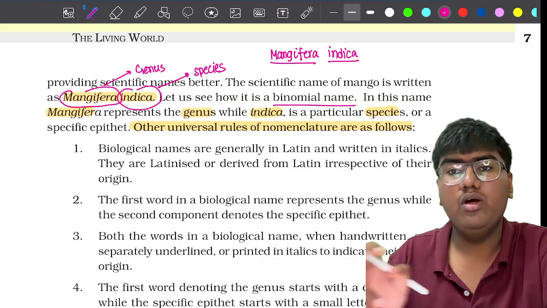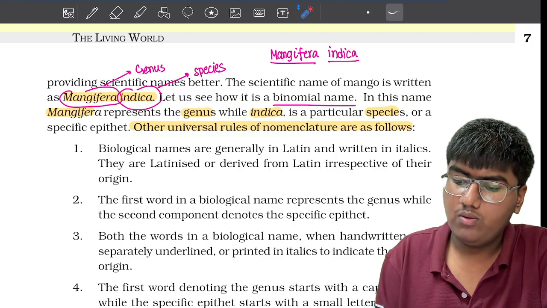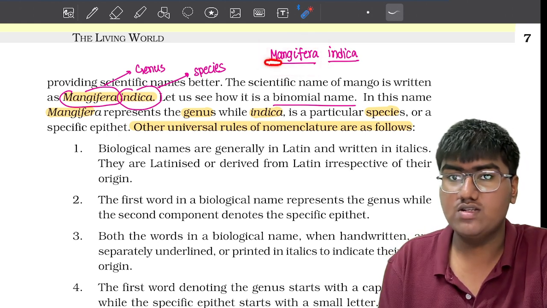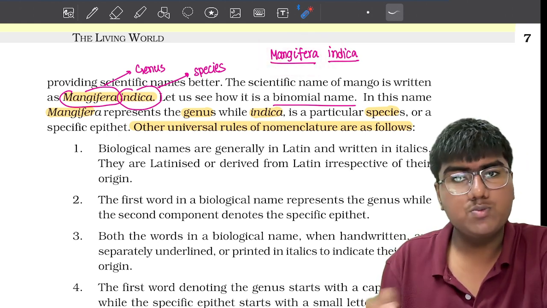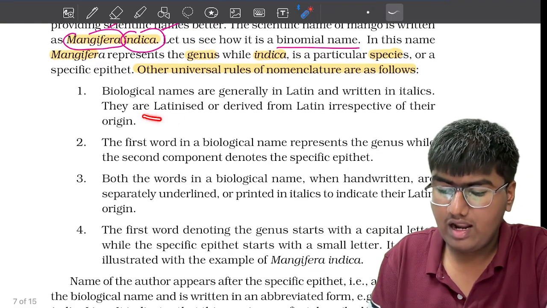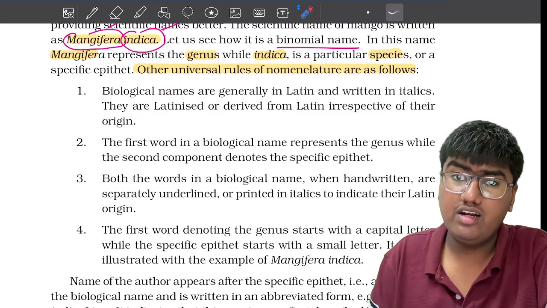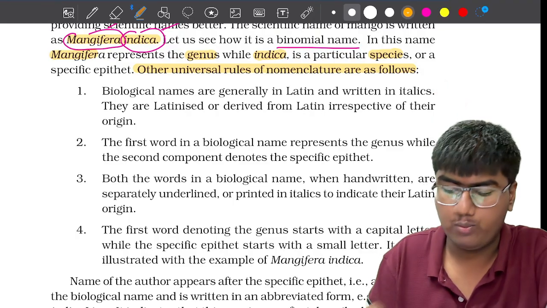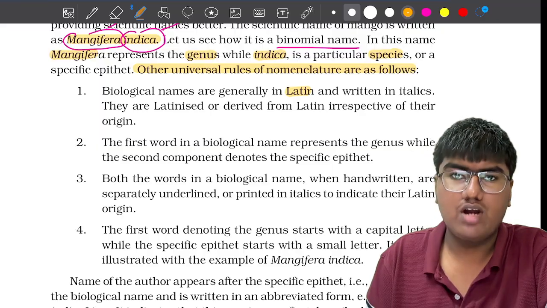When typed, you need to italicize it. The first letter of the genus needs to be capital, and the species is lowercase. They are Latinized and derived from Latin irrespective of origin. Why Latin? Because it's a dead language.